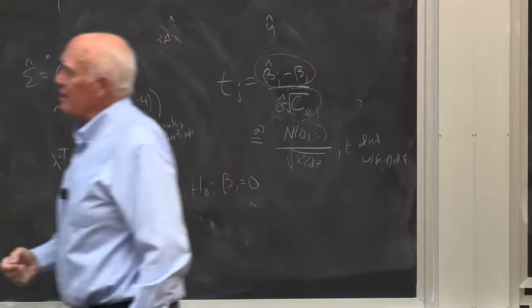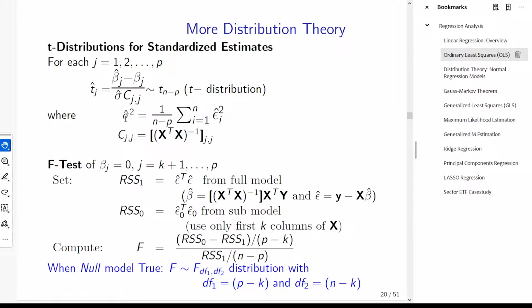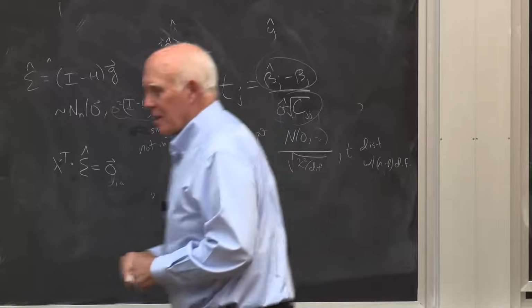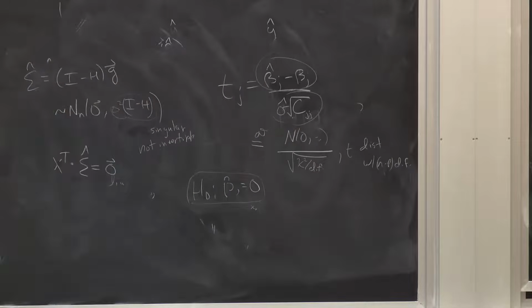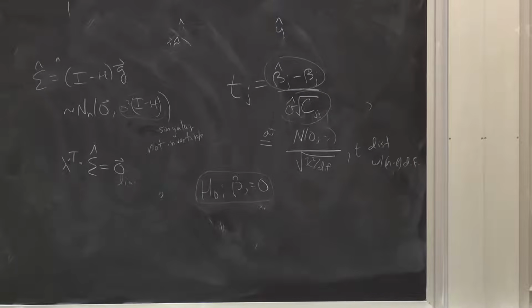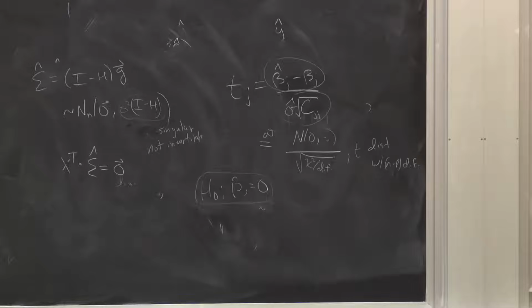And so we can judge whether our data provides evidence against this null hypothesis or not. And we can test other hypotheses as well, not only that beta j is equal to 0. We'll be covering this in a little more detail with one of the lecture notes that was passed out for today.